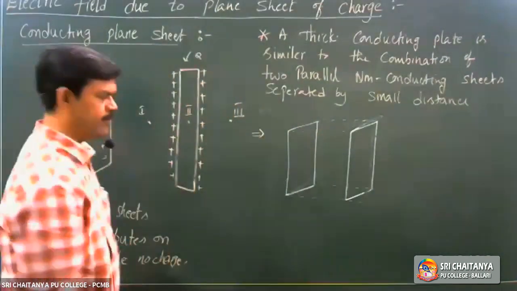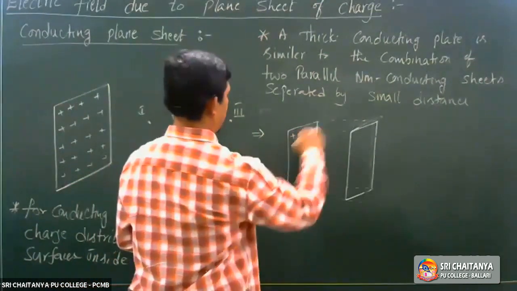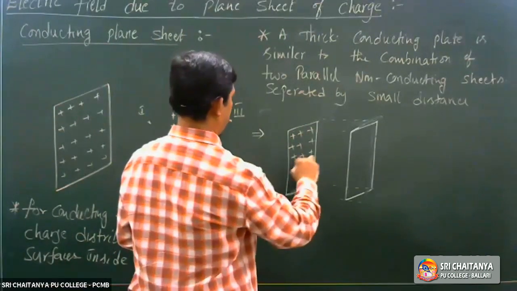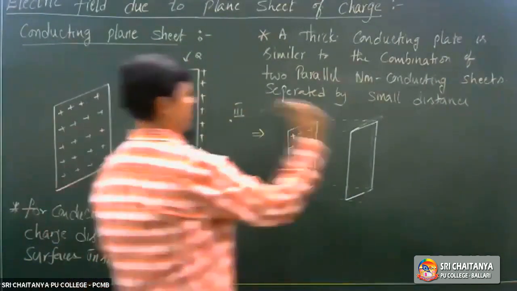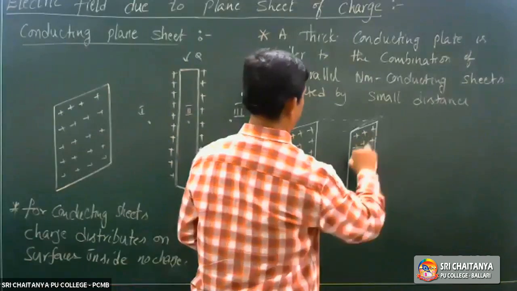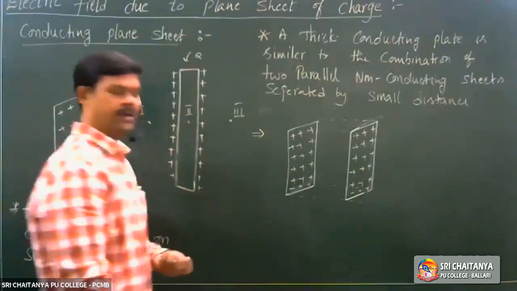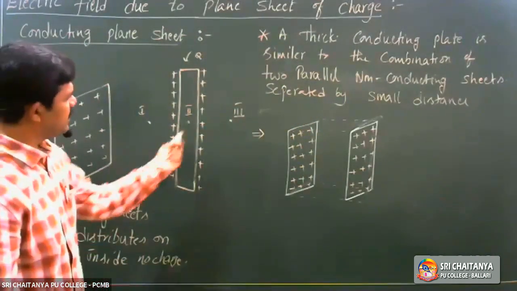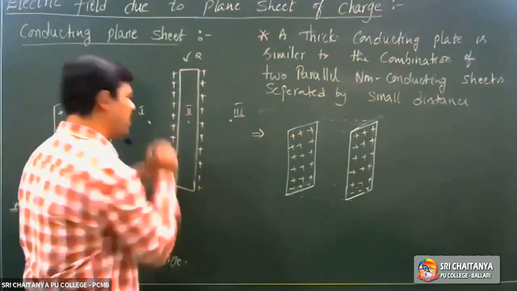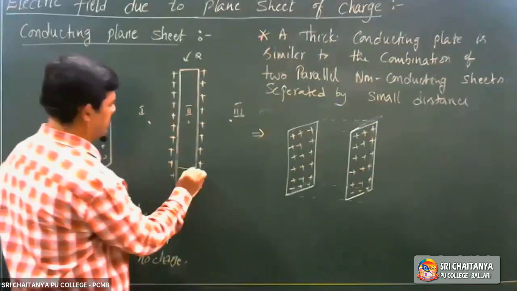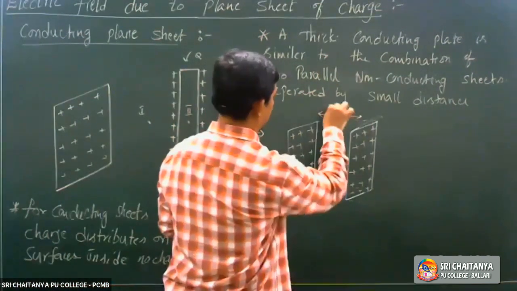Is it not like this? This is one plate of positive charge, this is another plate. It is just like a combination of two non-conducting plates separated by a small distance. That's all. If its thickness is T, that's it.